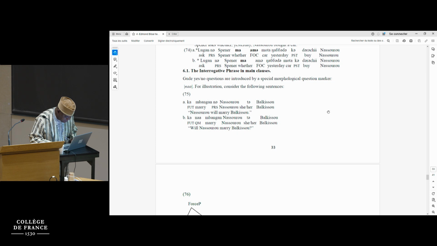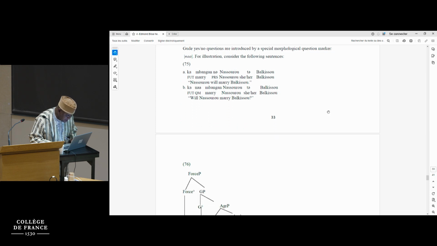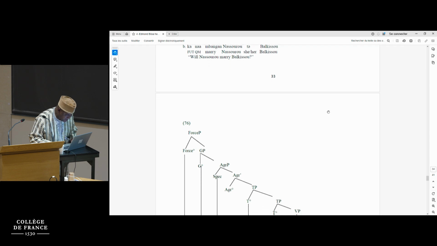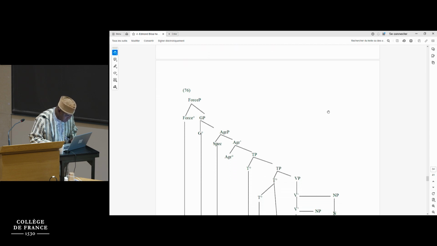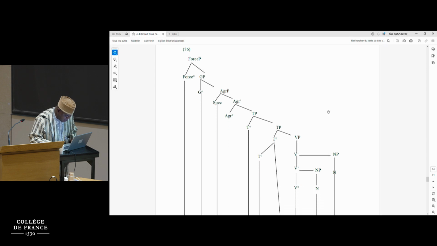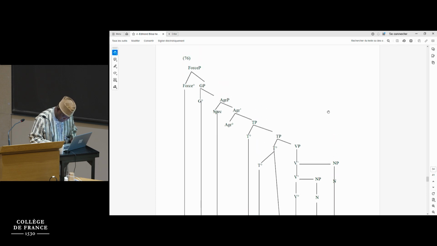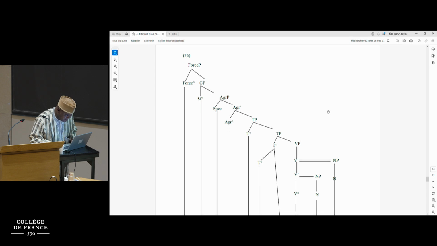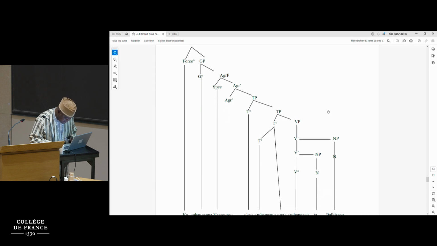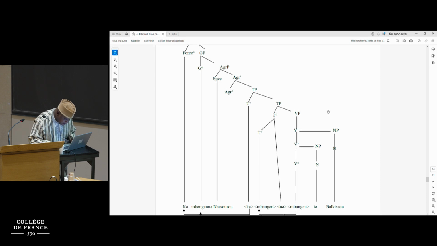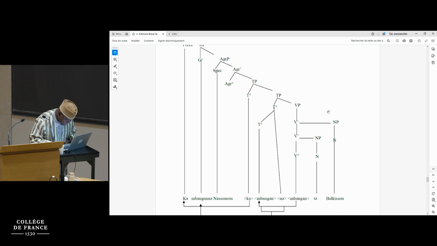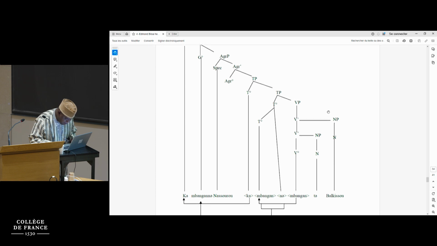So we ask the question, how is 75B derived? Will Nasuru marry Balkisu? We endeavor to answer the question by looking at the representations in 76. In 76, the verb adjoins to the tense marker ne, and then the verb plus the tense marker raises to grand phrase.